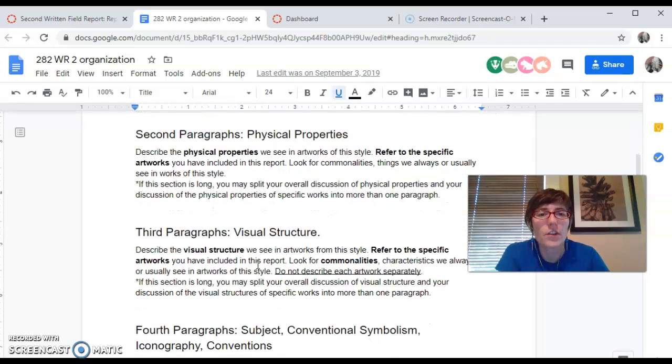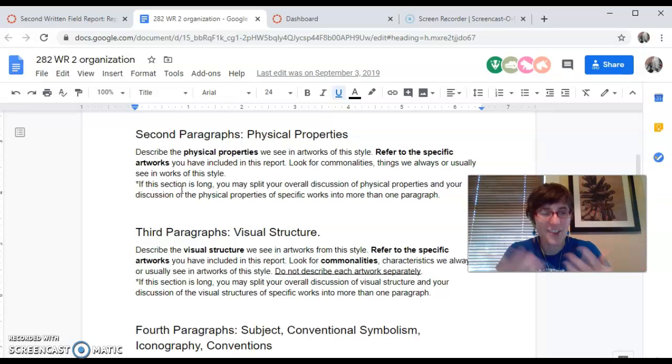Physical properties, you're going to tell us what we see in all of these. For this section, you've talked about form, you've talked about size, you've talked about medium. Oftentimes I want you to tell me about how it's painted or how it's made, right? Something about the process being used. But you might also just think of what makes this special, right? What helps us identify the style characteristics?